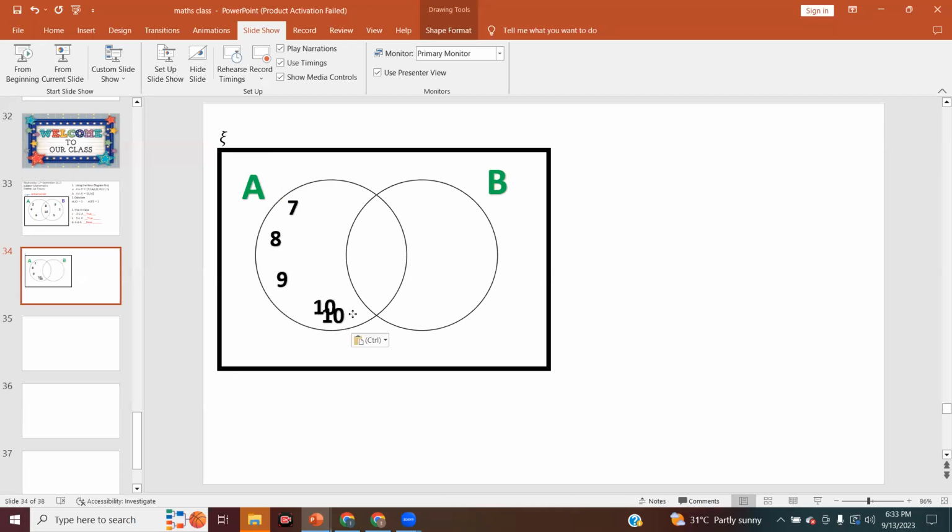Let's say for this one we have 11. Let's say that in this section we also have the number 12.